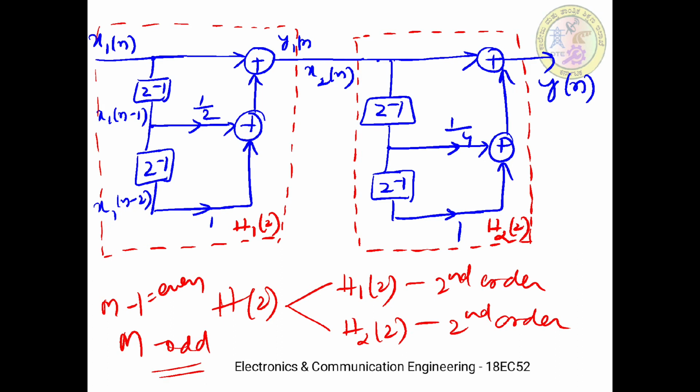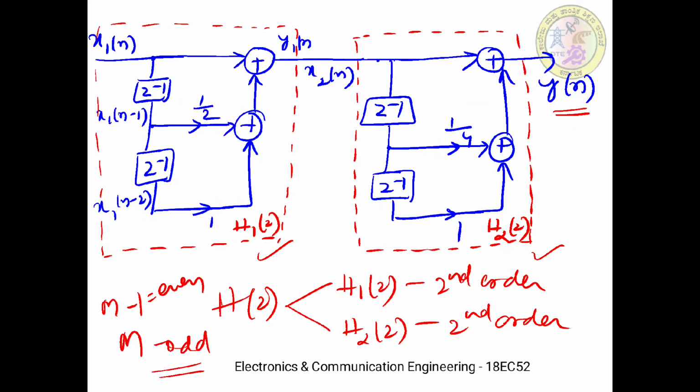So now we have derived the difference equation individually for h1 as well as h2, and we have realized them by direct form structures individually, but they are cascaded. That's why this entire realization is called the cascade realization of the FIR system, and the final output y of n is available at the end of the second stage.